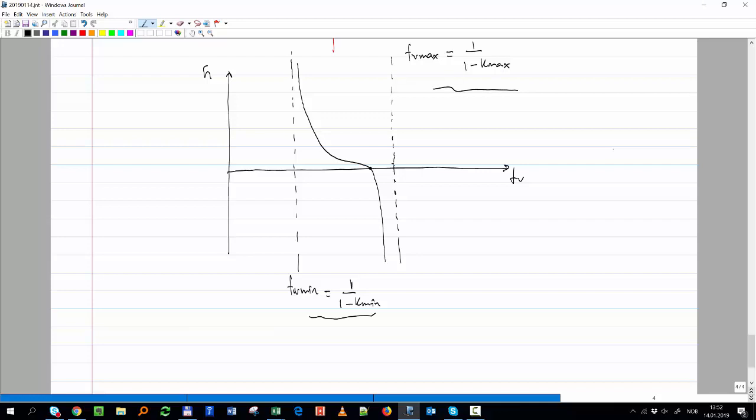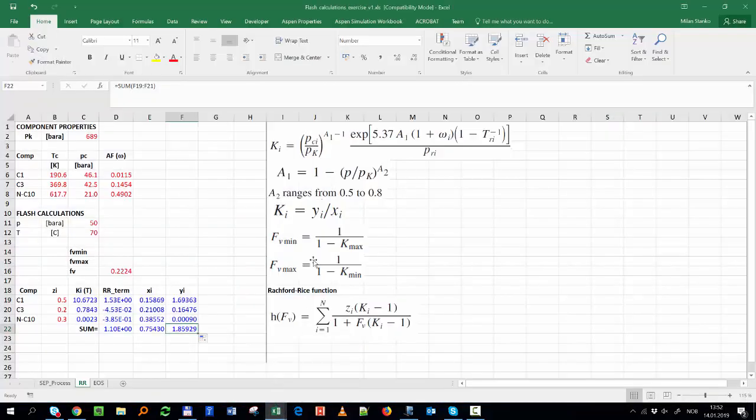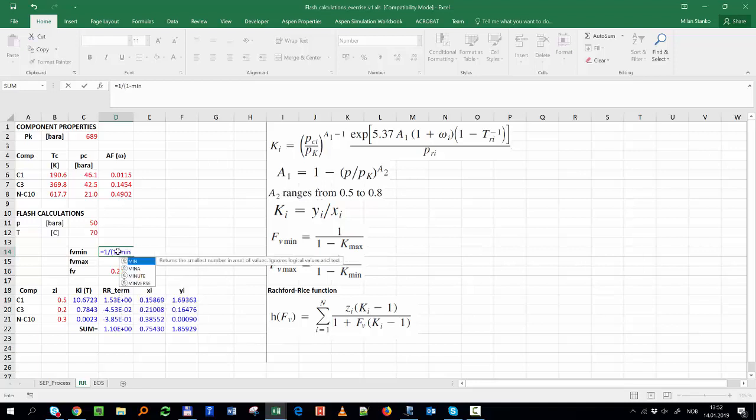So that's what we're going to use on top of it to help get a solution. And I think that's the equation we have here. So for that, FB min will be 1 over 1 minus, to find the minimum of a list, I use the function minimum in Excel, right? Minimum of this one, which will be the last one.